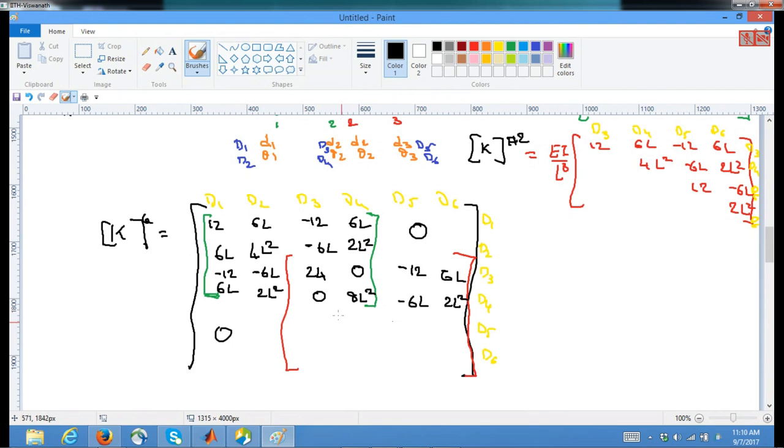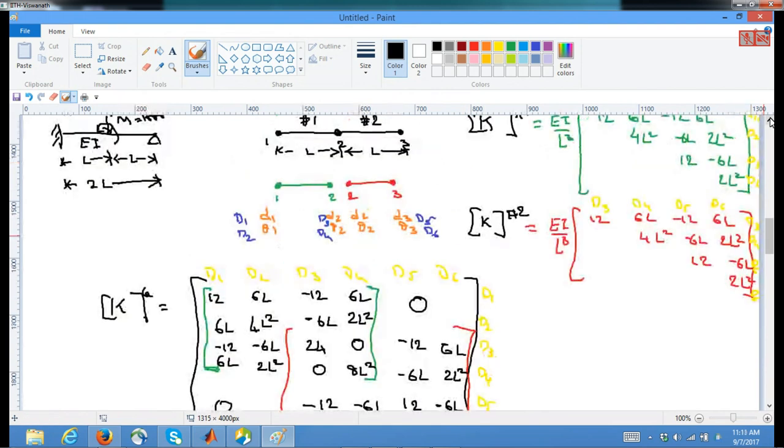And this happened to be 12, minus 6L, minus 12, 6L, 6L, 2L square. This was the stiffness we have got from the assembly of the previous thing.